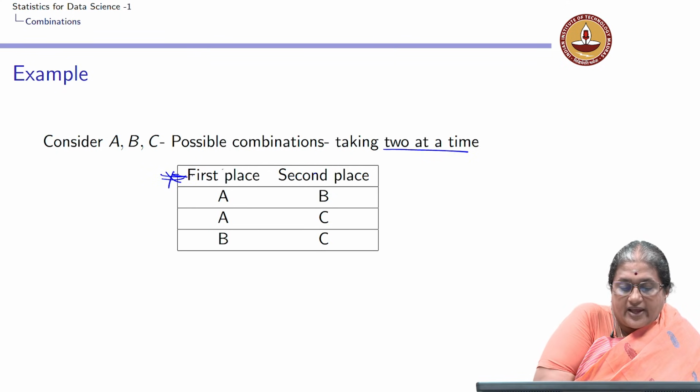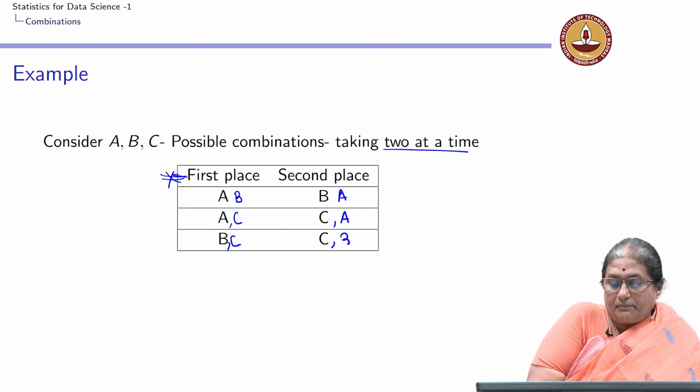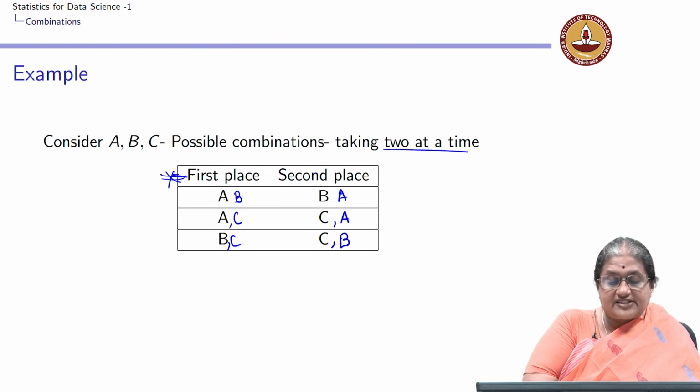So, with permutation, my first place could be an A and second place a B, or first place a B and second place an A. The first place could be an A and the second place a C, or the first place a C and the second place an A. The first place could be a B and the second place a C, or the first place a C and the second place a B. These were the possible ways I could have had.